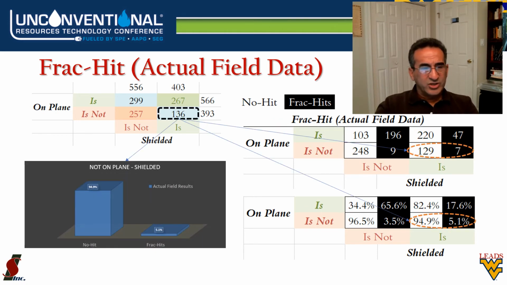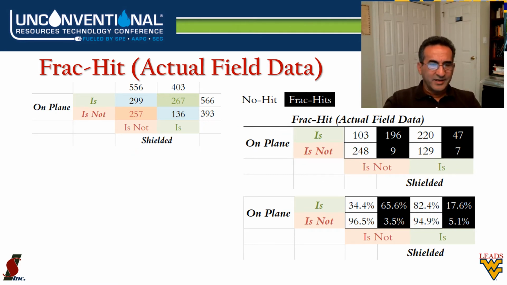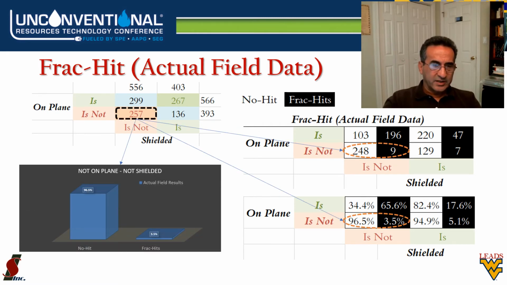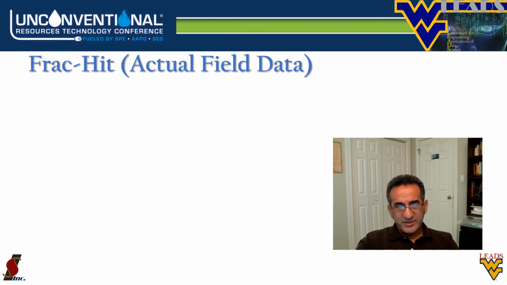When it is shielded and not on plane, the amount of FracHit is much lower, and not FracHit is a lot higher. And of course, furthermore, when it's not on plane and it's not shielded, again, you get a lot less FracHit than not FracHit. And now, this is the actual field data.